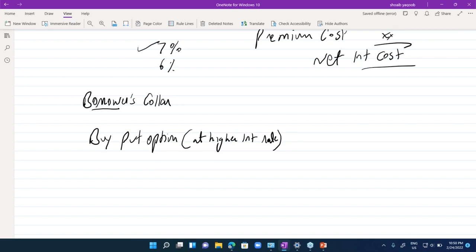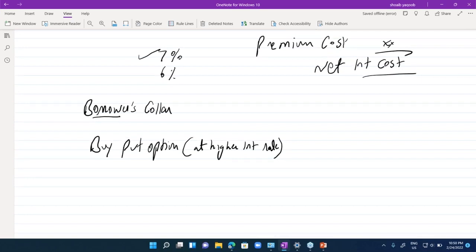At higher interest rate, you have to pay the premium. So guys, the borrower will always buy the put option at higher interest rate.